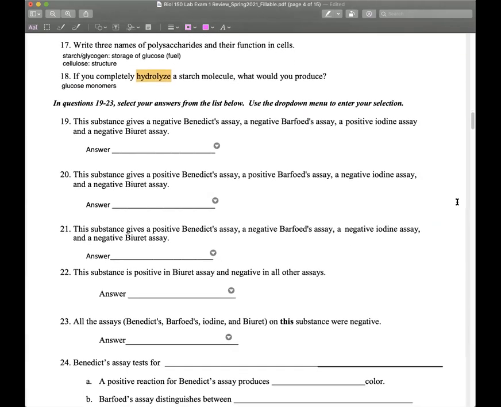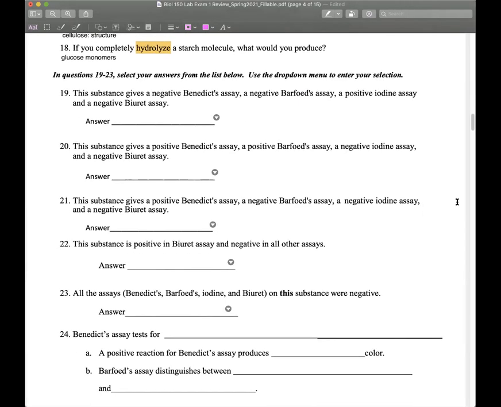So these next few questions could get a little bit tricky. We got to keep in mind what these different assays indicated and how the results, at least of the carbohydrate assays, are related. There will be questions where you're shown the results of these assays, and you'll be asked what kind of molecule is this, substance X?